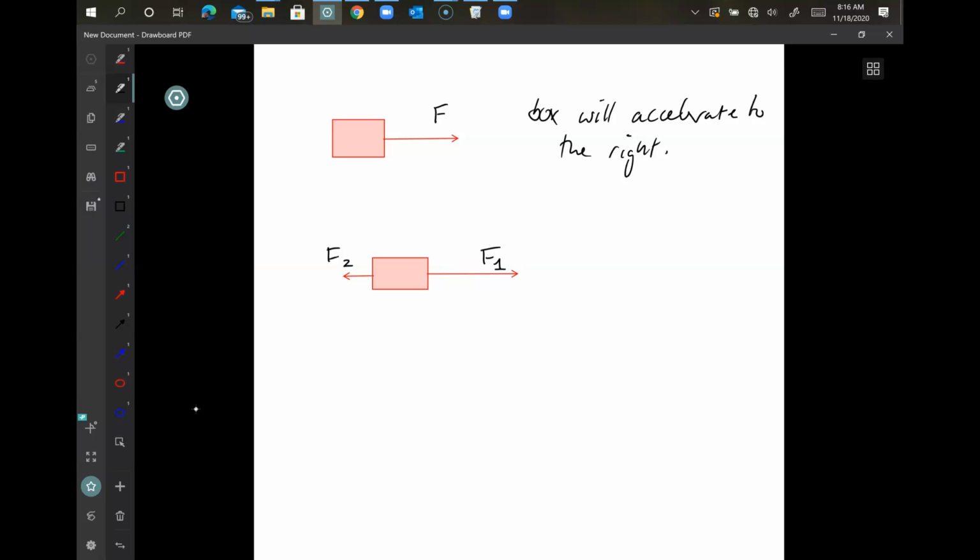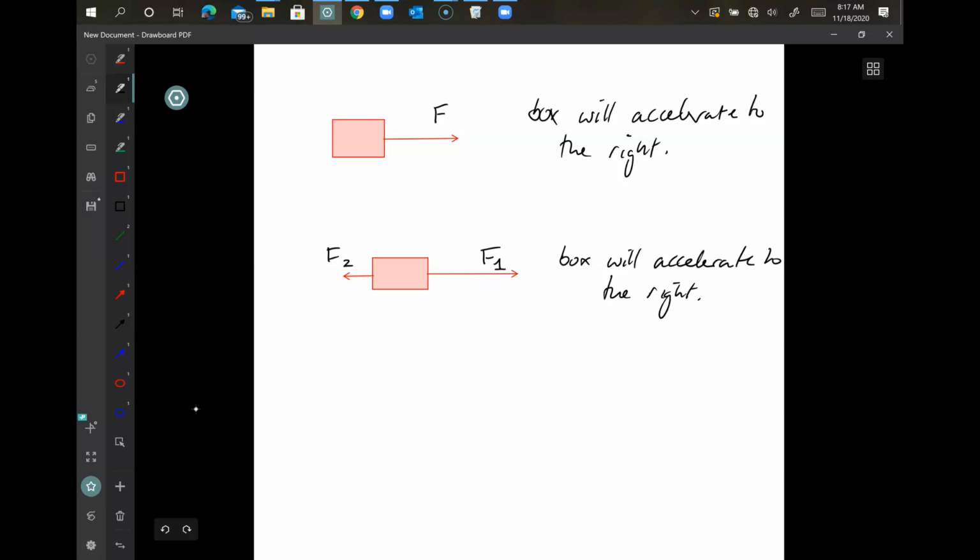Now clearly, F1, the arrow, is longer than F2. That tells us that the size of the force F1 is bigger than the size F2. And if this was a tug of war, it's obvious that F1 is going to win, and that box is going to do what? Well, it will accelerate to the right. So again, the box will accelerate to the right.